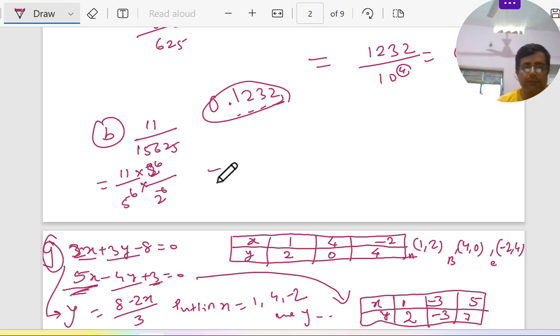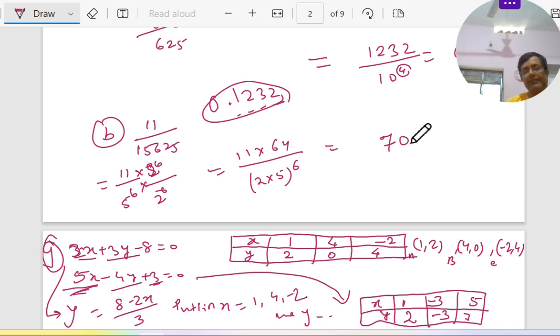So finally you multiply 11 times 2 to the power 6, which is 64, divided by 2 times 5 to the power 6, that is 10 to the power 6. You will get 704 over 10 to the power 6.